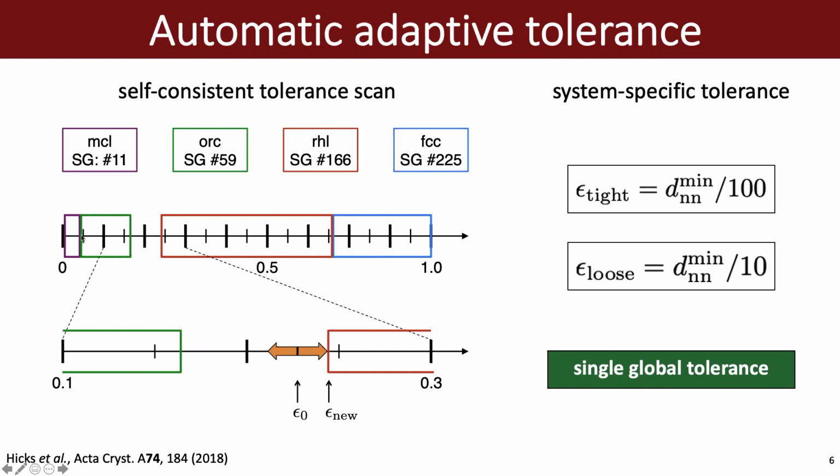We calculated the symmetry at different tolerance values, and we evaluated the space group symmetry. We observe that for tighter tolerances, we observe lower symmetry, so monoclinic, and for looser tolerances, we observe higher symmetry, so space group 225. But the question is, what happens in this void region here?